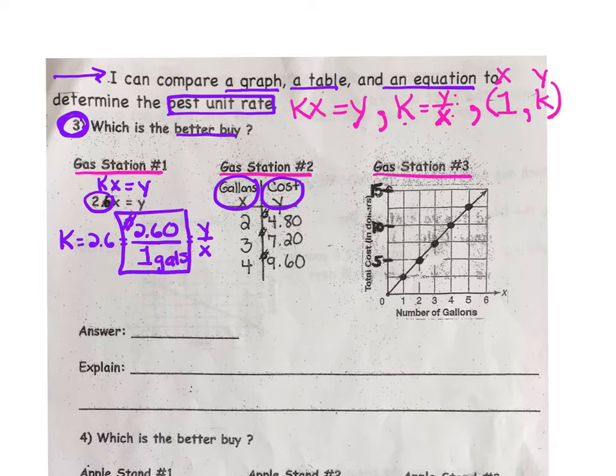We know in order to calculate the k rate, the constant of proportionality, we're going to take cost and put it over gallons. Y over x. So let's take a specific example. $4.80 for 2 gallons.